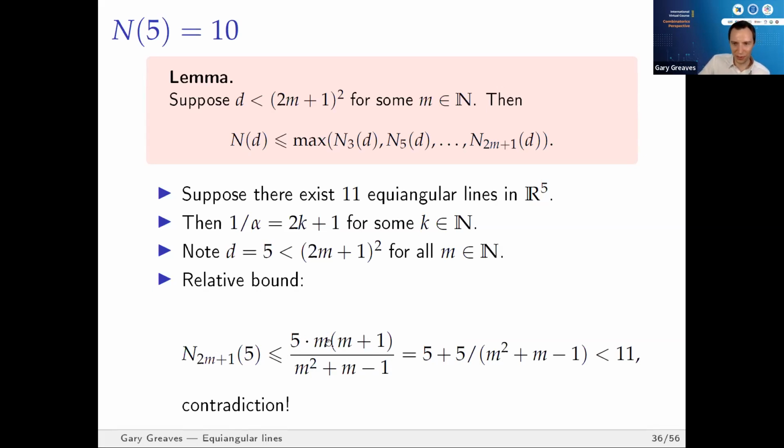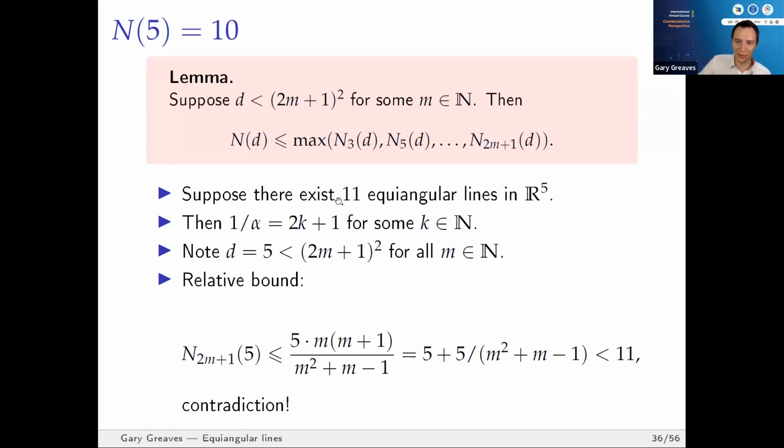I do some basic arithmetic. I can turn this into 5 plus 5 over m squared plus m minus 1. And then I can realize that for any natural number m, this is going to be strictly less than 11. So my upper bound will be less than 11, but I assumed there are 11 equiangular lines in dimension 5, and so I get a contradiction.